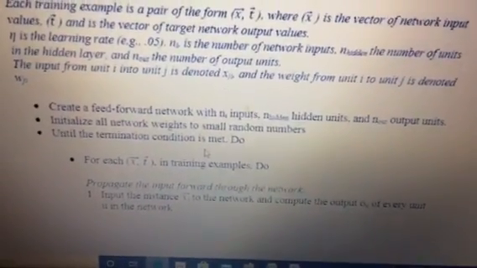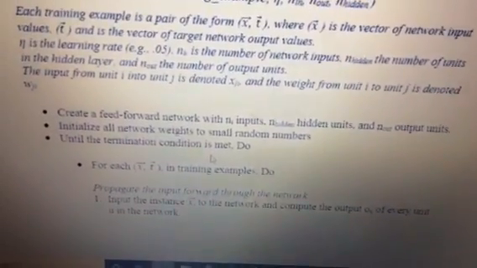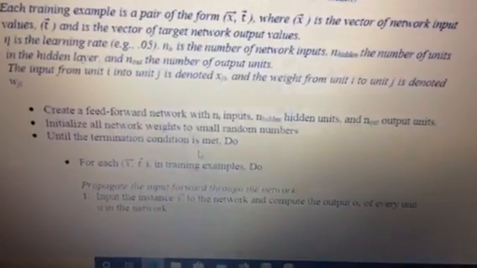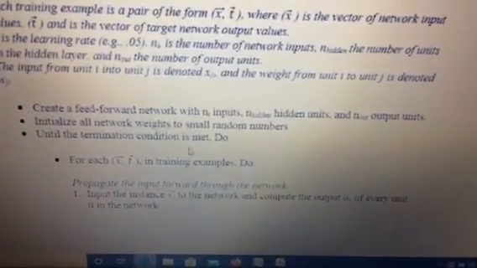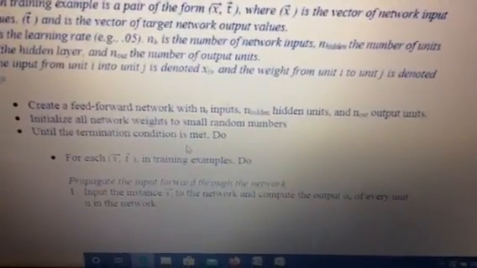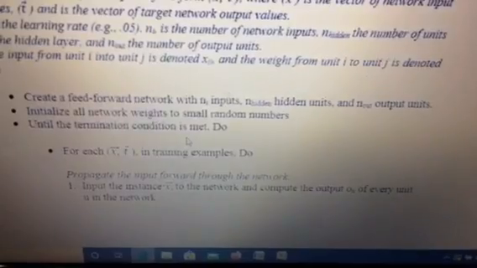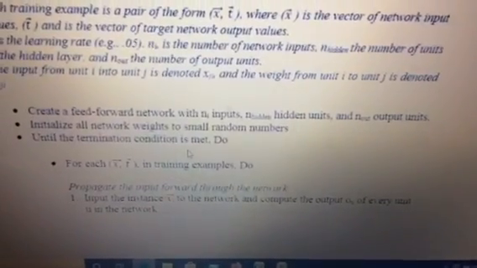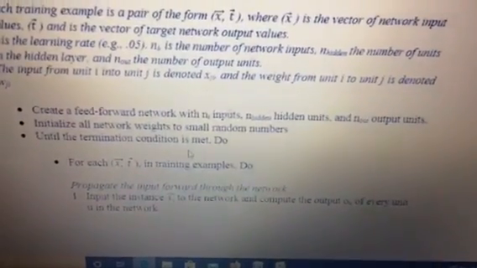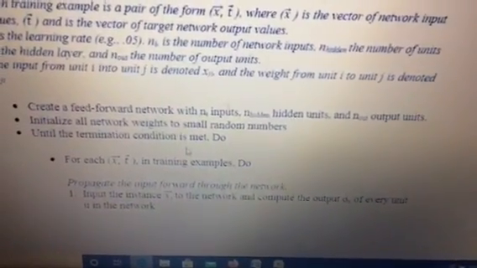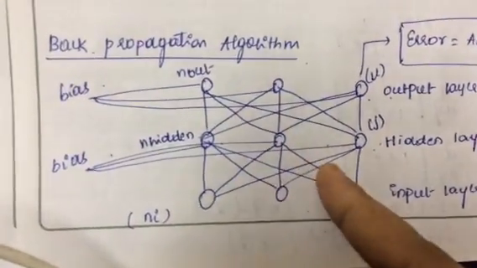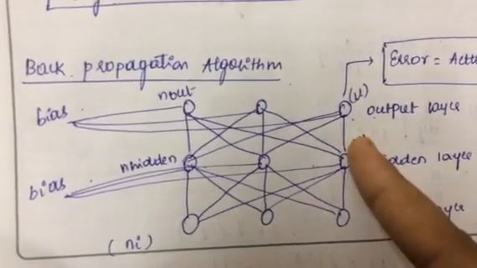Do for each input and output, that is, for each x vector comma t vector in the training examples: propagate the input forward through the network. So we move in the forward direction. We consider the input and perform the computation: a summation function is performed, and then an activation function, the sigmoid function, is applied to get the output. If I show it in an example, this is the ith layer and this is the jth layer.